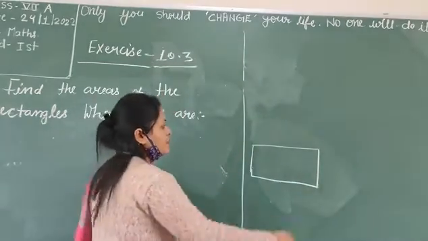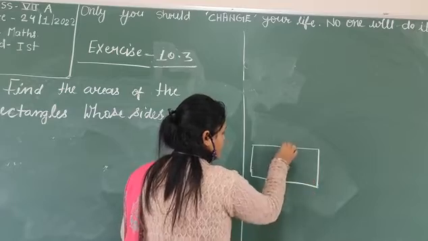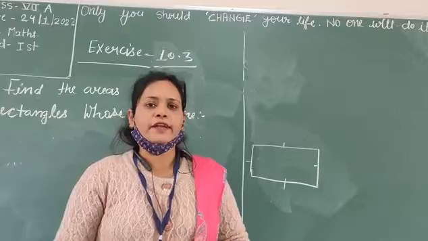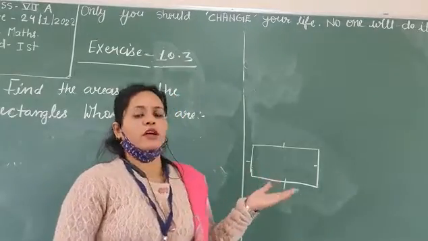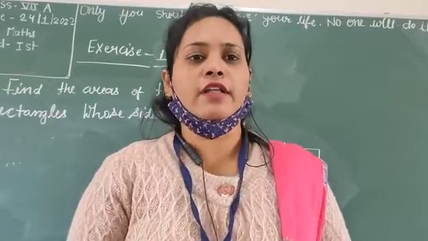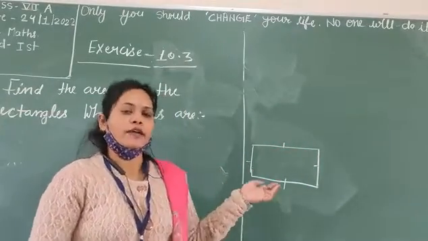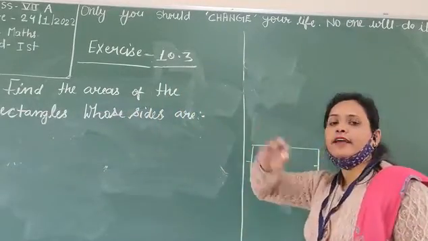These are equal and these are equal. This is the property of rectangles: if both pairs of opposite sides are equal, then we can say it's a rectangle. Clear?